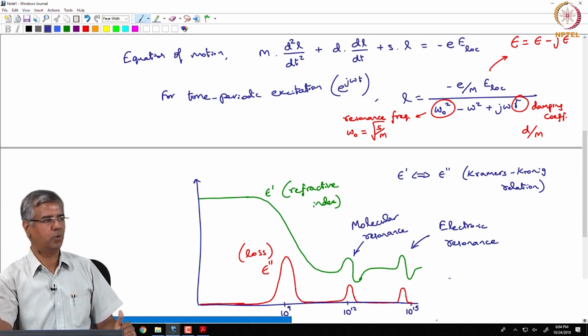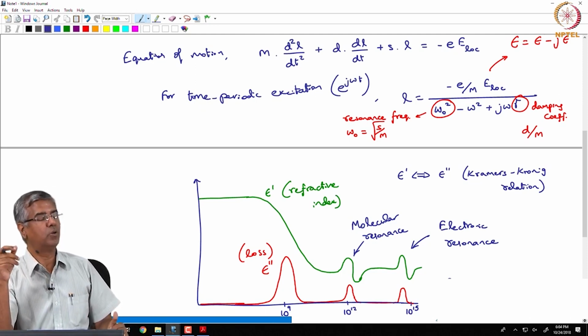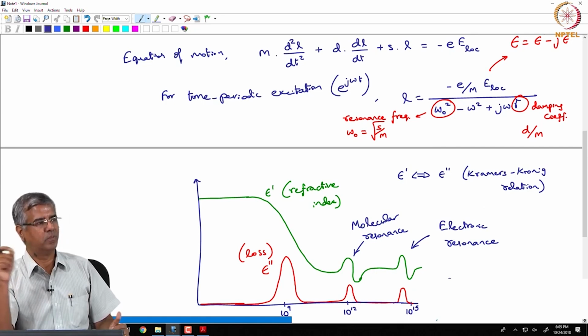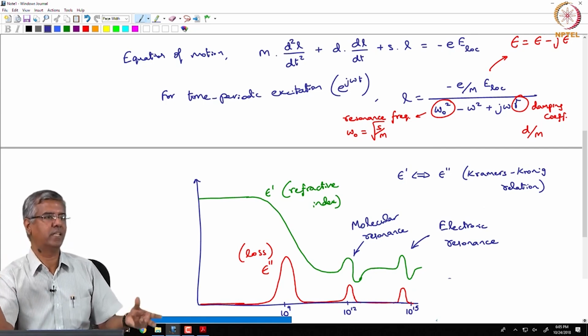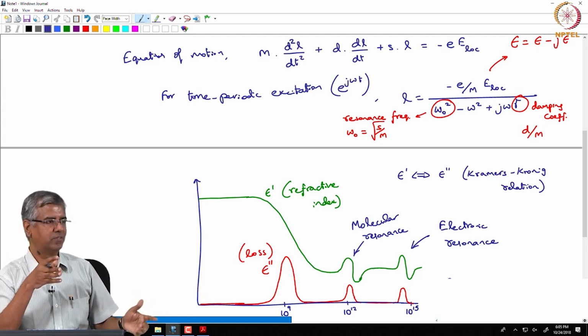So, SiO, that is a molecule, right. So, there is the molecular resonance corresponding to this. Now, you may have germanium also present in that. So, germanium with the oxygen bond, that is another molecule that might have a different resonance.